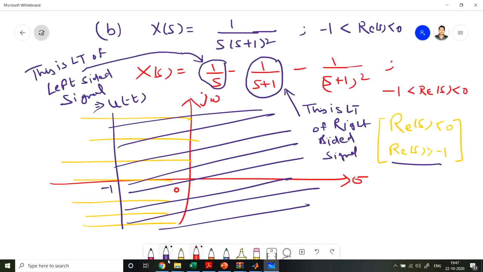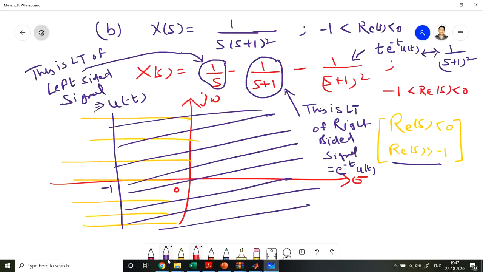And what is that signal? The signal is e raised to the power minus t into u(t). And this one is t times e raised to the power minus t into u(t). The Laplace transform of this is 1 divided by (s plus 1) whole square.